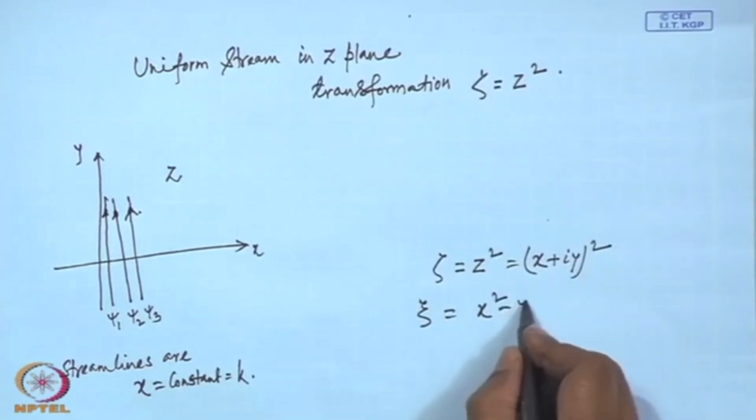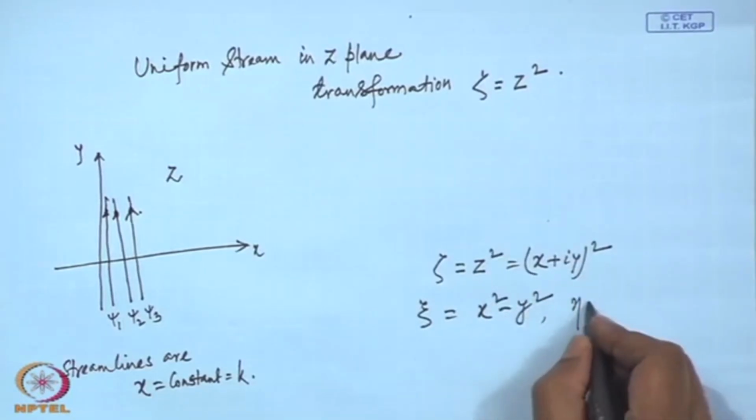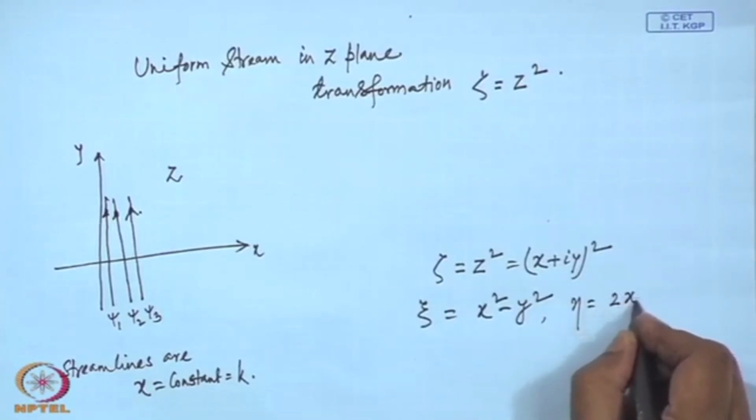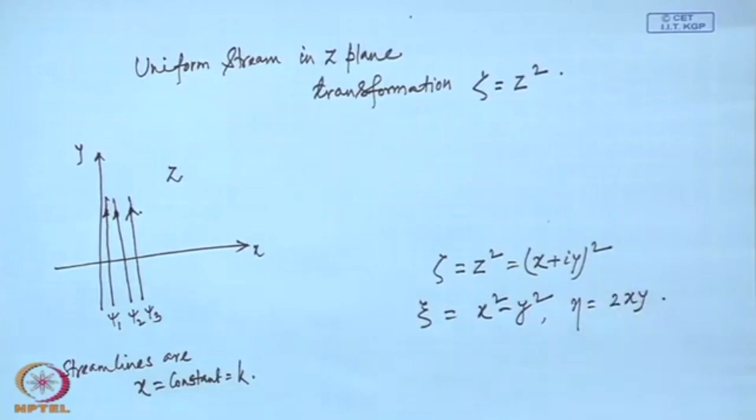Xi is x square minus y square. Eta equals 2xy, so if you take x equal to k, y becomes eta by 2k, and x square is k square.